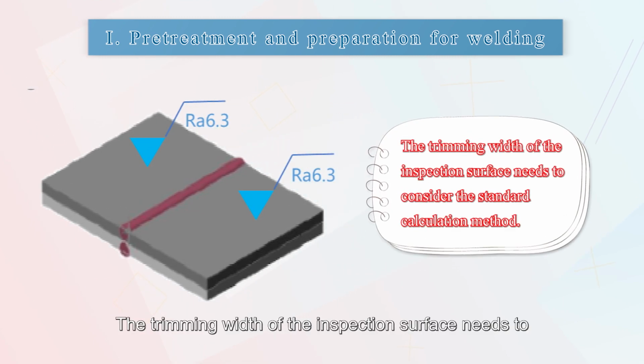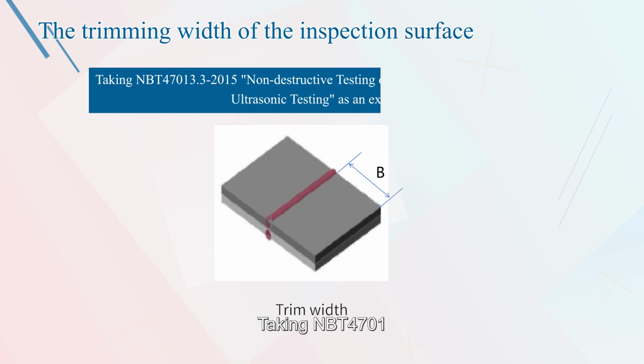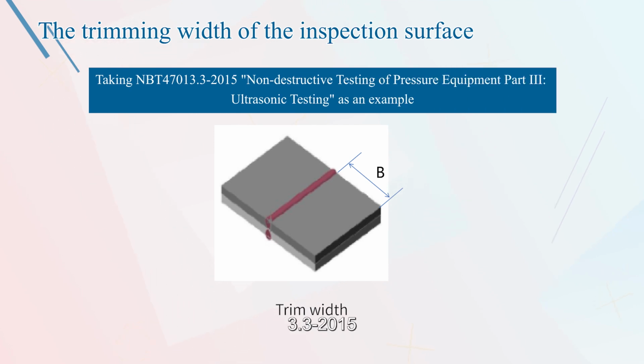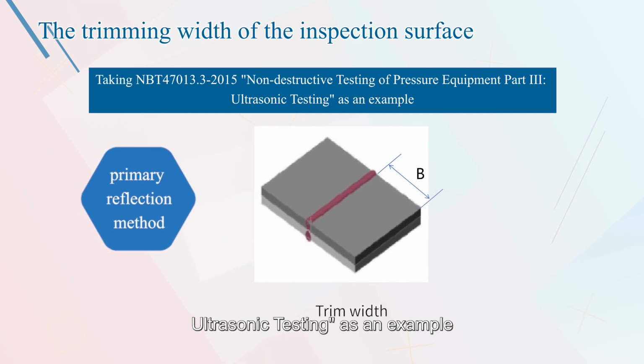The trimming value of the inspection surface needs to consider the standard calculation method, taking NB/T 47013.3-2015, non-destructive testing of pressure equipment, part 3, ultrasonic testing as an example.